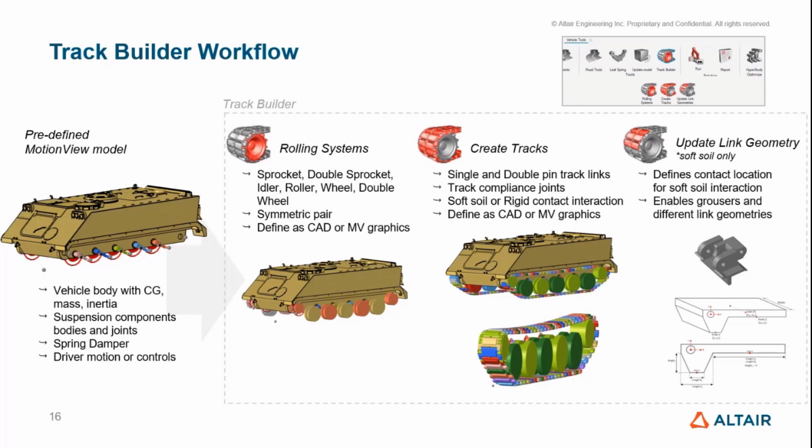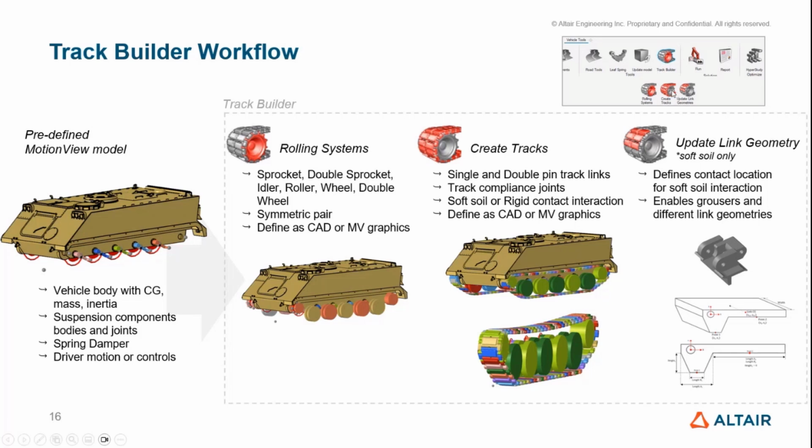And then you can use this feature, the truck builder, to first include the rolling systems, which are these wheels and sprocket that connects to the suspension of the truck component. And then we can create the truck system itself, wrapping the truck around these rolling components. Now, this is a tool inside the vehicle tools, you can see it up here on the truck builder.